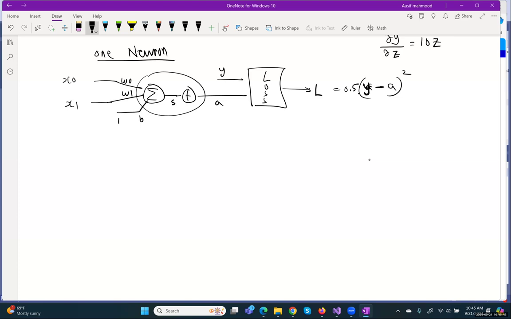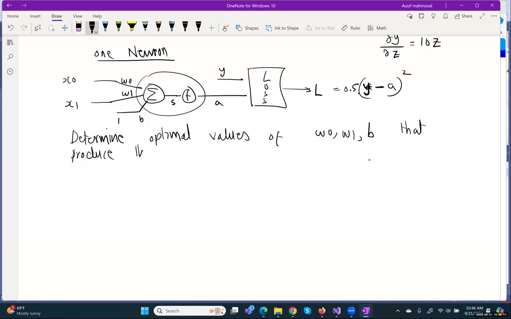So remember, our goal is to determine optimal values of W0, W1, and B that produce the lowest loss, because we want to decrease the loss.